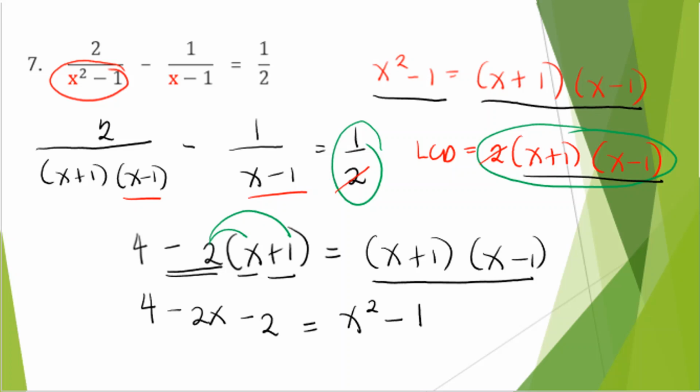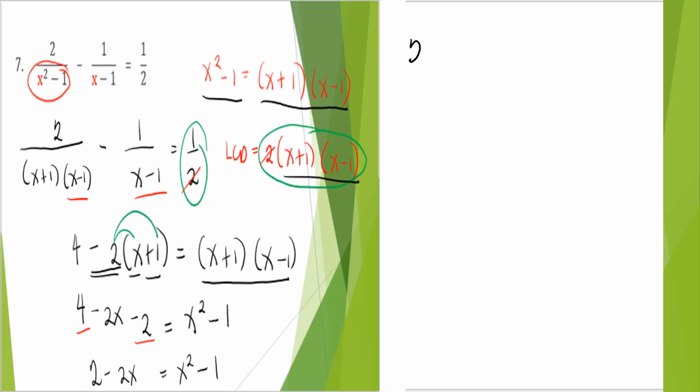Next, let us combine like terms. We can combine 4 and negative 2. So we have 2 minus 2x is equal to x squared minus 1.